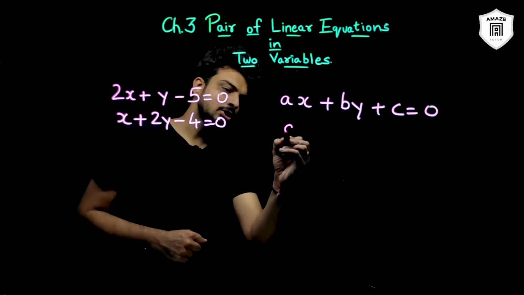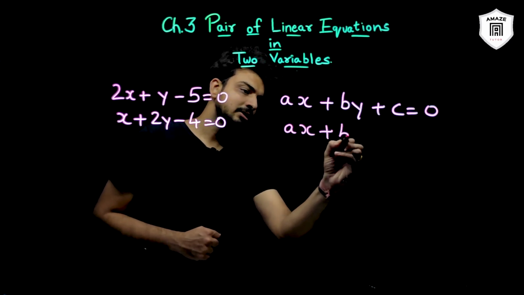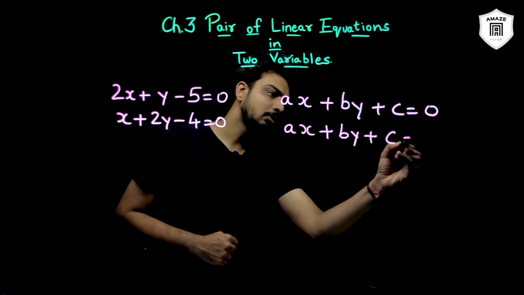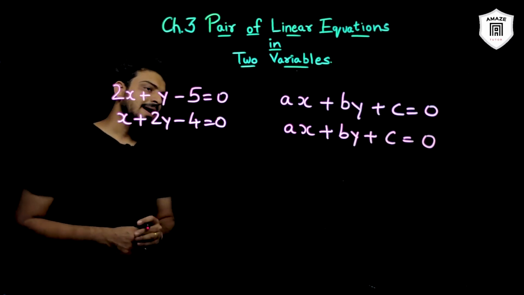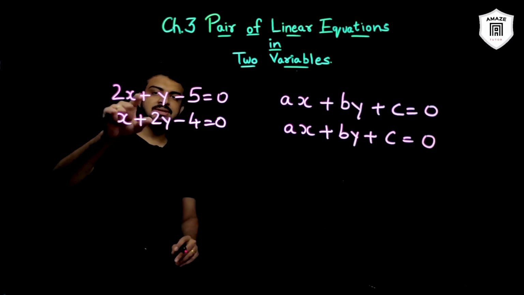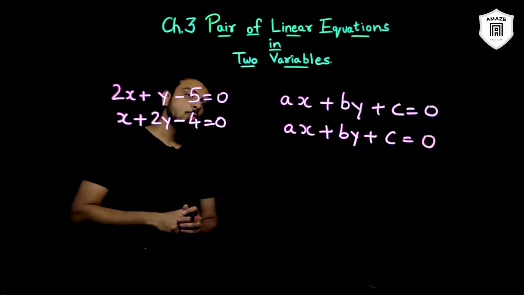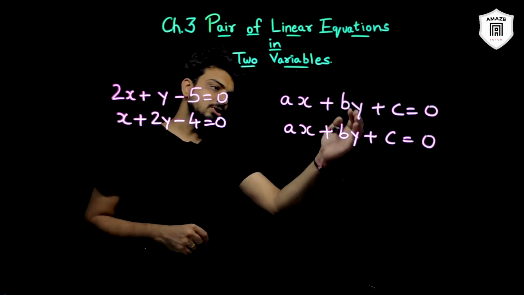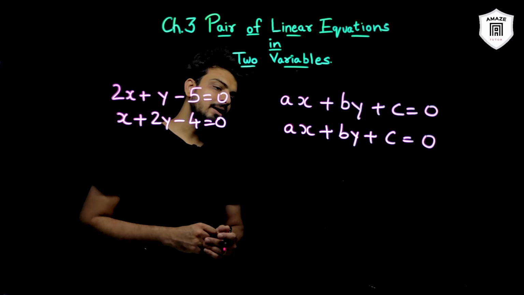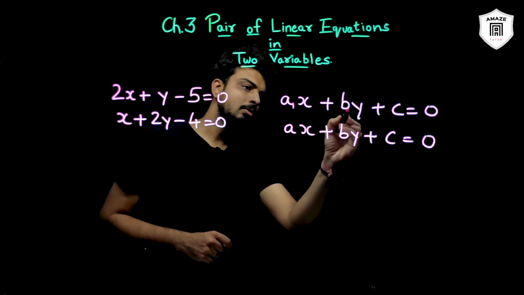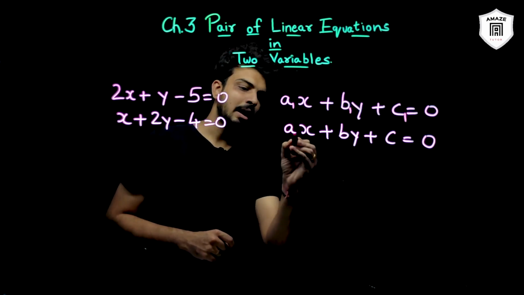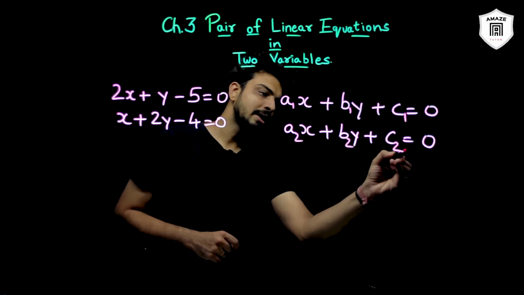So the other equation will also be of the form ax plus by plus c equals 0, right? And as there are two equations with the same variables x and y, to differentiate these two equations in the general form, what we can write here is a1, b1, c1 and a2, b2 and c2.